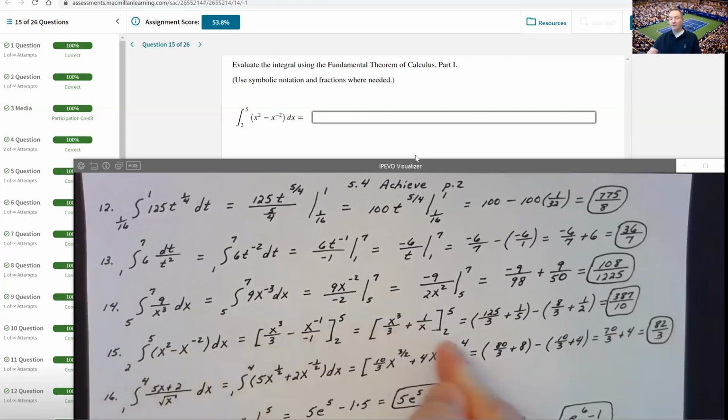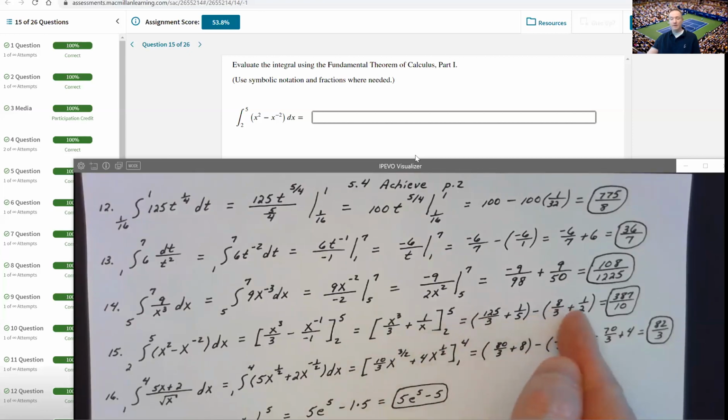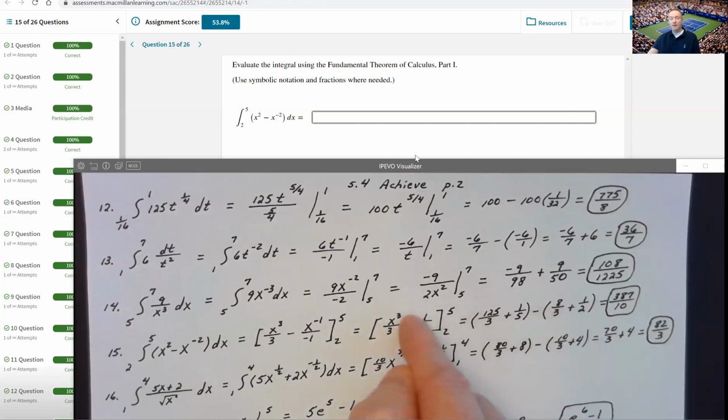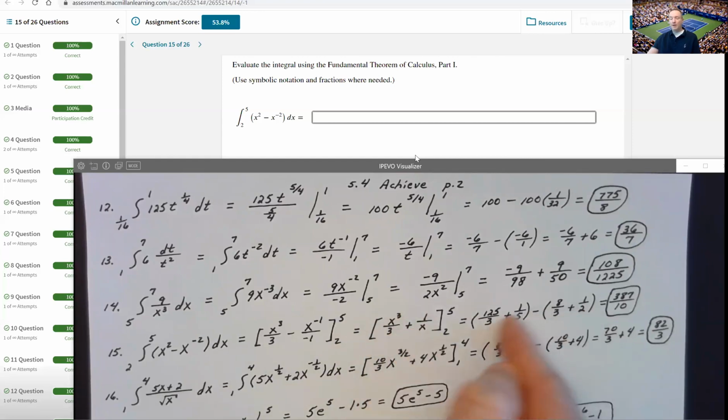Now we're evaluating from 2 to 5. When you plug in the 5, you get 125 over 3 plus 1 over 5. That's where this came from. Then you have to remember we're subtracting the lower limit in it. When you plug the 2 in, you'll get 8 over 3 plus 1/2. Upper limit minus the lower limit.